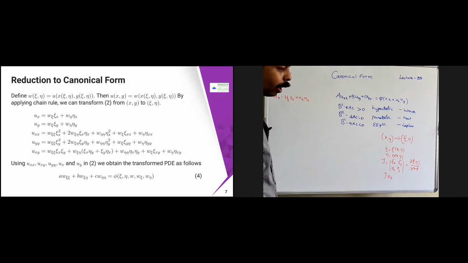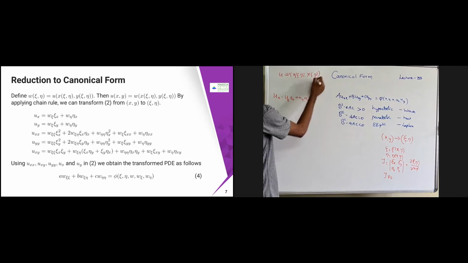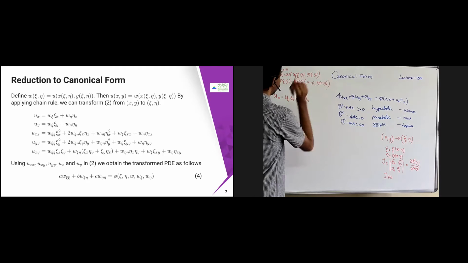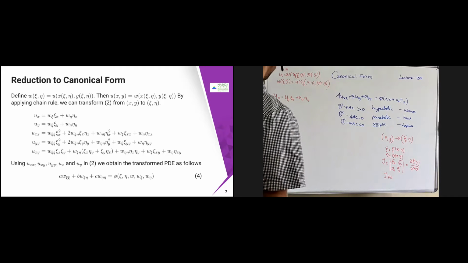I am going to denote this as u equal to w of chi, with x of chi comma eta and y of chi comma eta, because you are going to transform this. Then w of chi comma eta, I'm going to write it as u of chi of x comma y, comma eta of x comma y. So this is going to be my notation.